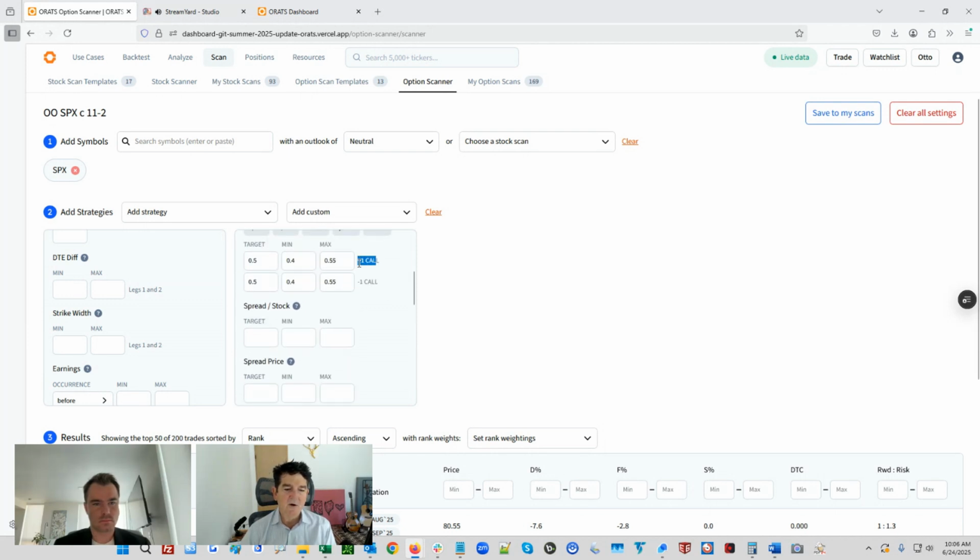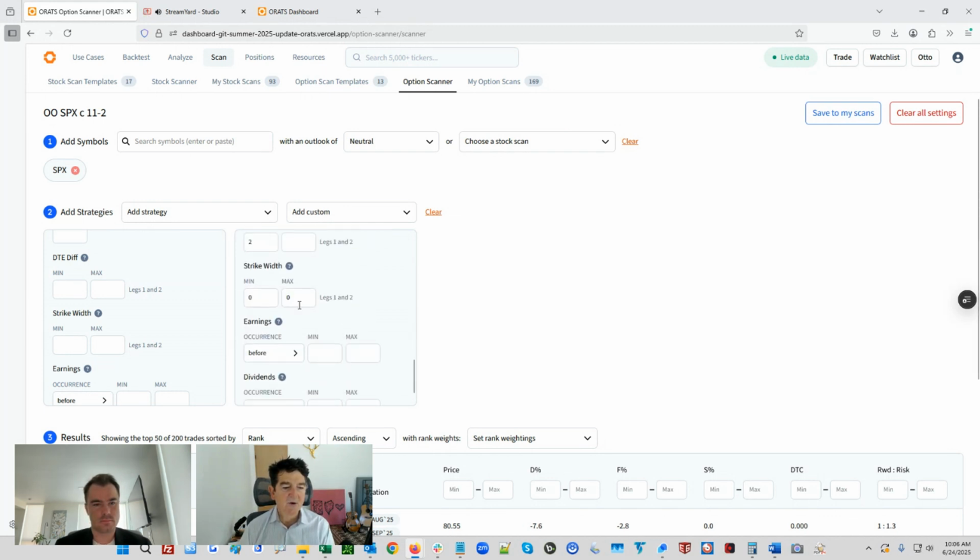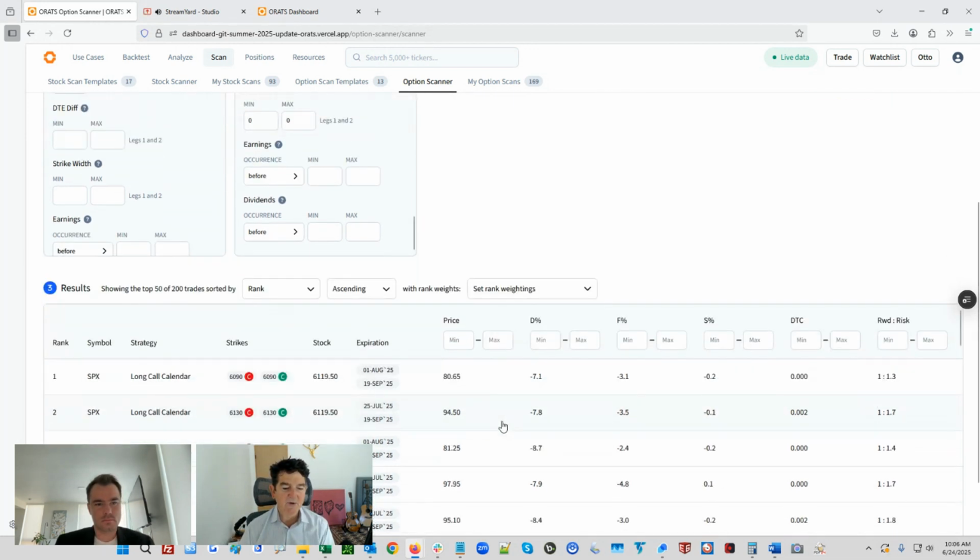So the long call minus the short call. The long call is usually the one that's farther out, is 2 days in that case. And then also you'll notice that the strikes are the same. So in a typical calendar, and then we're getting some results below, you'll see that the strikes are the same.